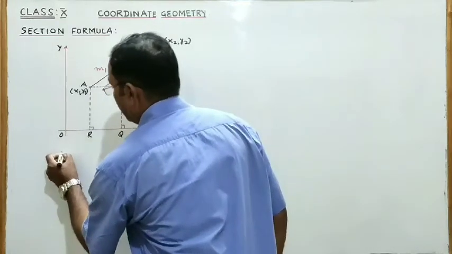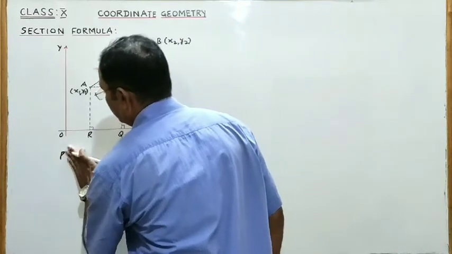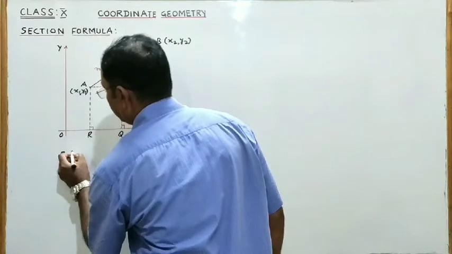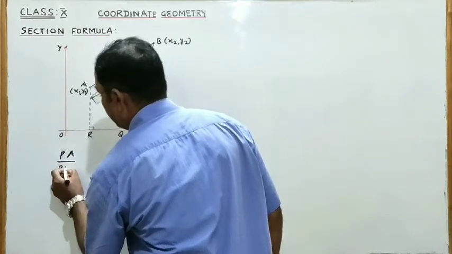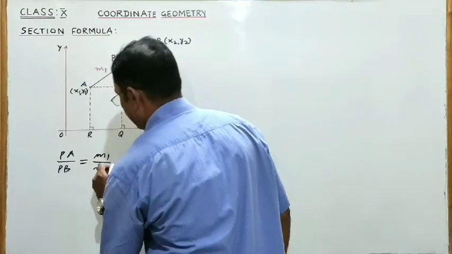That is, PA by PB is equal to m1 is to m2.